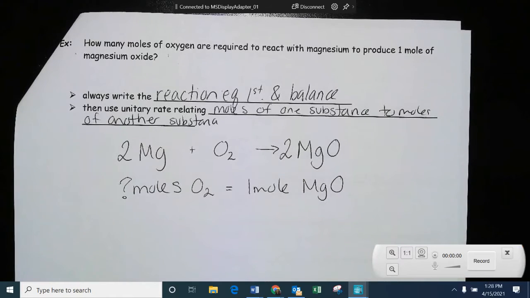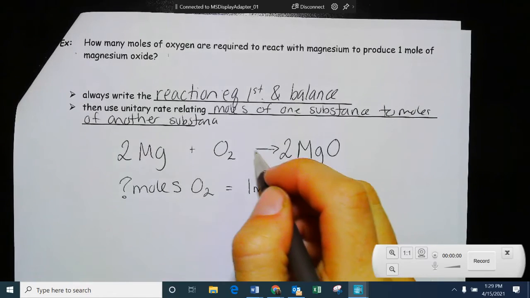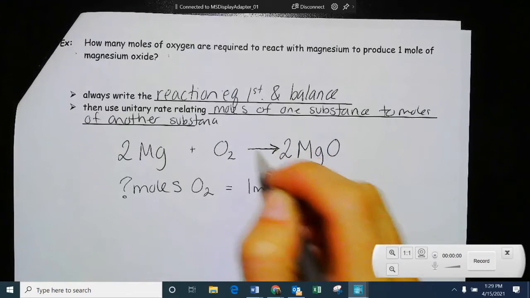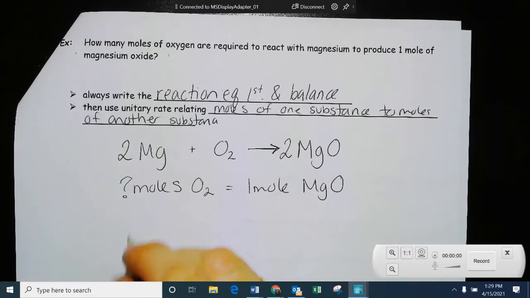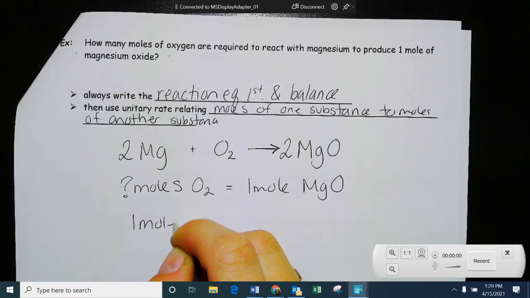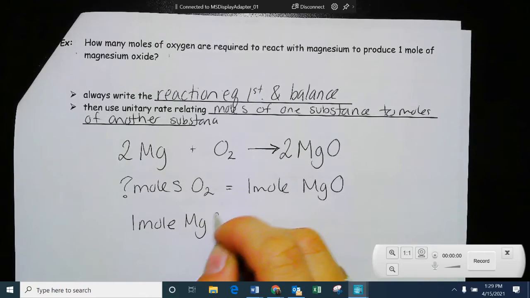Okay, so this part is maybe a little bit counterintuitive, or maybe it's not. I'm not sure. We'll find out. It does not matter if you are looking at things on the same side of the arrow or the opposite side of the arrow. We're just going to see a little bit of different wording, but we do the same thing. We use ratios. So I'm going to go 1 mole of MgO.